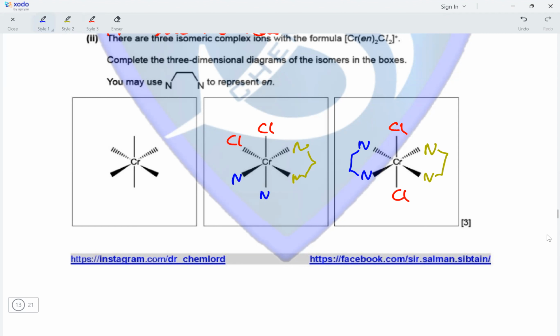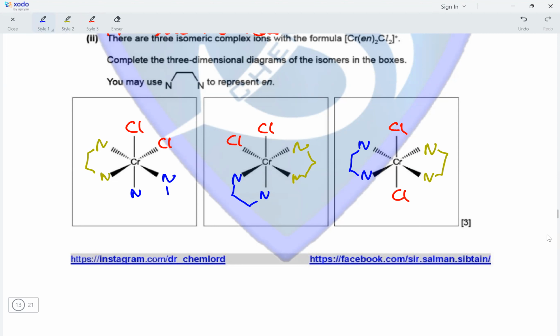And finally, the mirror image of the cis isomer, in which we would have Cl placed on the position that is the mirror image of the one in the center, and also the en molecules placed as mirror images of the complex ion in the center.